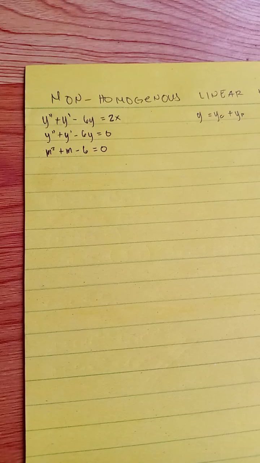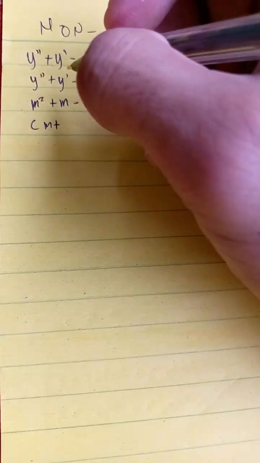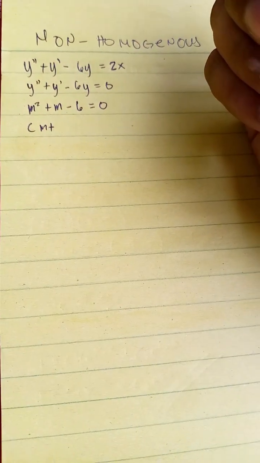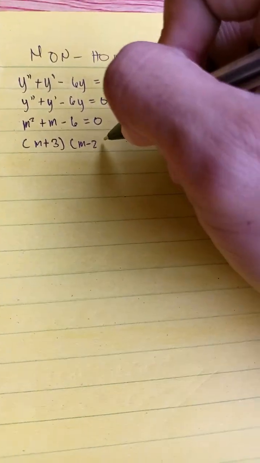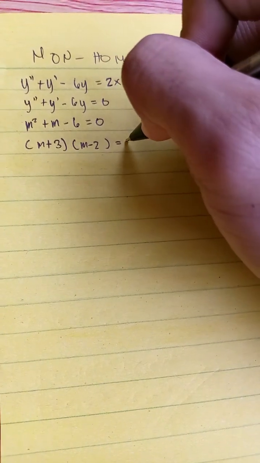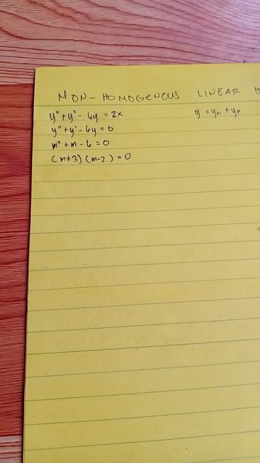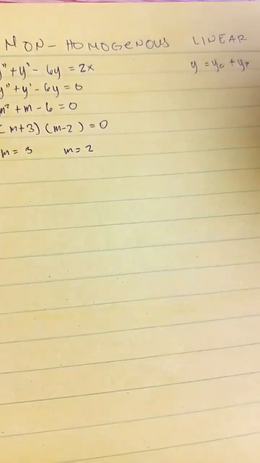Then let's factor it out, and this is going to be m plus 3 multiplied by m minus 2, equal to 0. So we have m equals negative 3 and m equals 2.